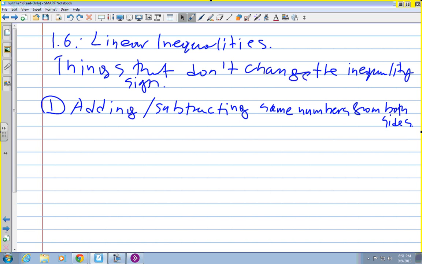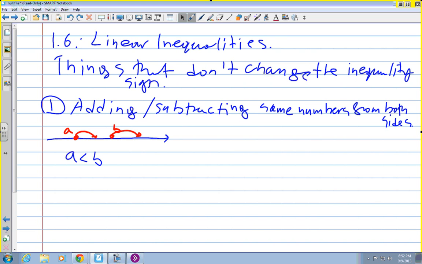Okay? One way to argue that, if you have two numbers, a is less than b, right? So on a number line, here is a and here is b. A is less than b. Well, if you add a number to both sides of this inequality, that means a jumps this way, but b jumps the same way.